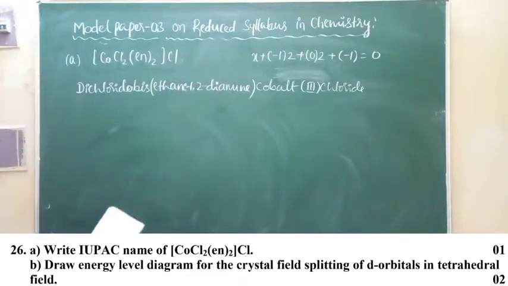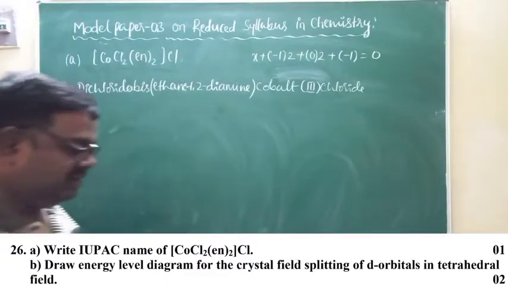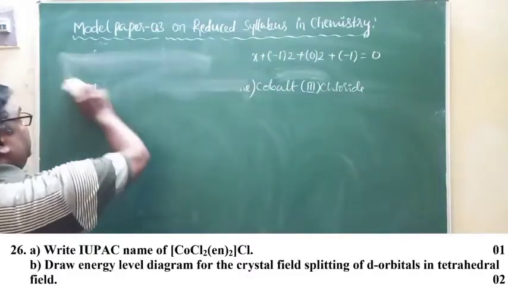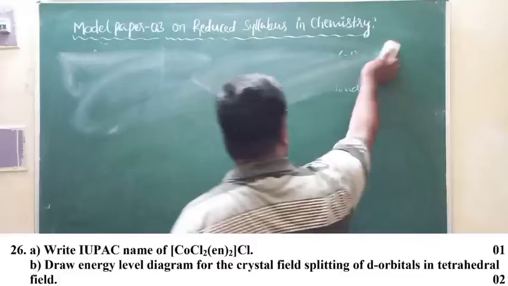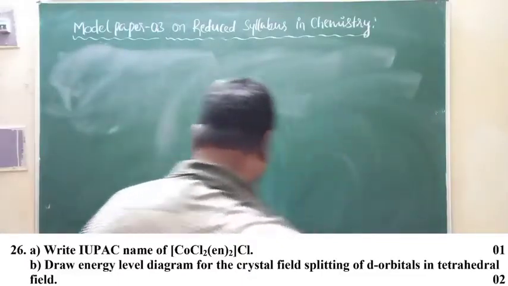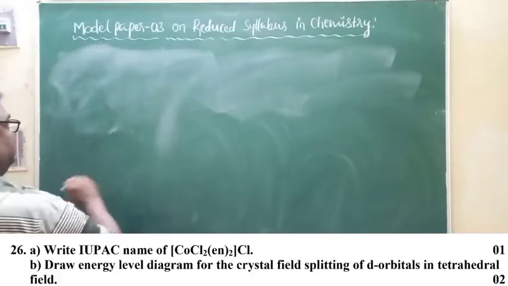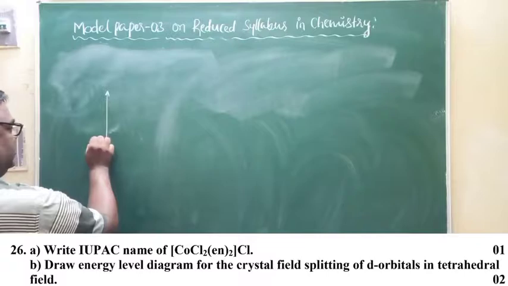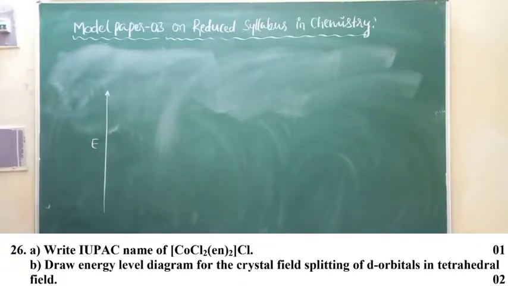Now let us see the energy level diagram for the splitting of d orbitals in tetrahedral complexes, that is crystal field splitting in tetrahedral complexes. Whenever you are writing the energy level diagram, you write the energy axis first.